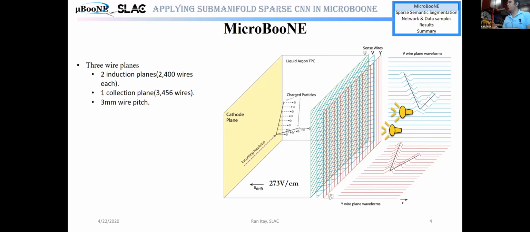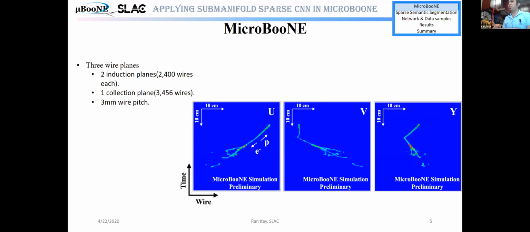And thus, for each interaction, we get 3 images, and this is an example of an interaction. So the U and V planes are the induction planes, and the Y plane is the collection plane. Just a brief note to understand how to look at these images: the Y-axis is the time, and the X-axis is the wire. So essentially, each vertical line is a waveform.